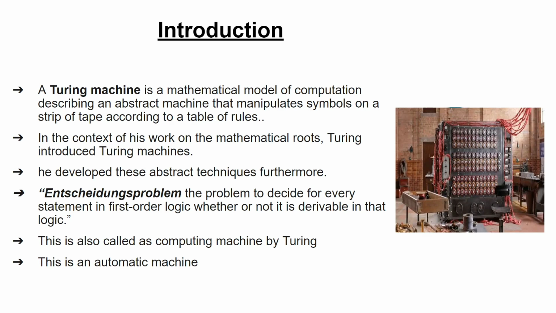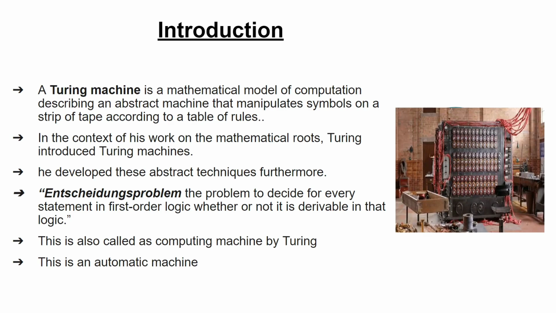Furthermore, he developed this technique to demonstrate that the following problems cannot be solved, calculated, or computed using a general efficient approach or procedure. The problem is to decide for every statement in first order logic whether or not it is derivable in that logic. That is called the restricted functional calculus. See the entry on classical logic for an introduction.